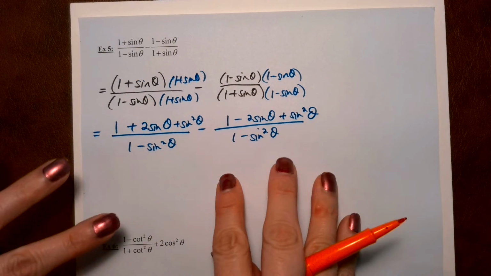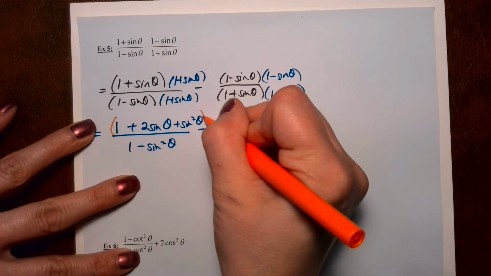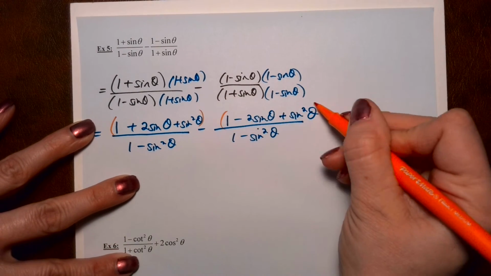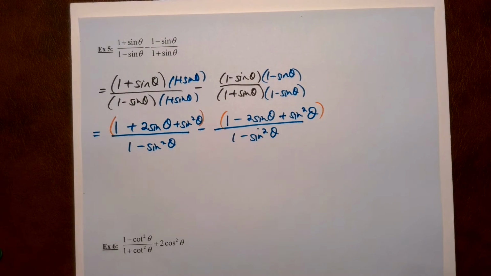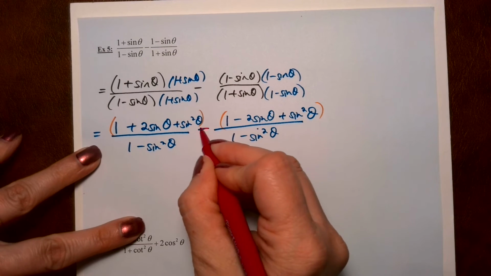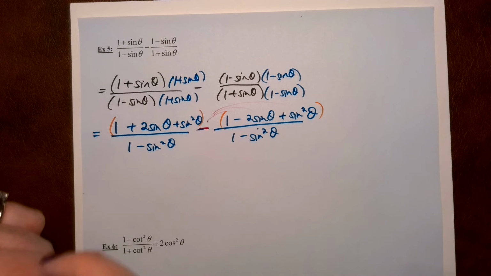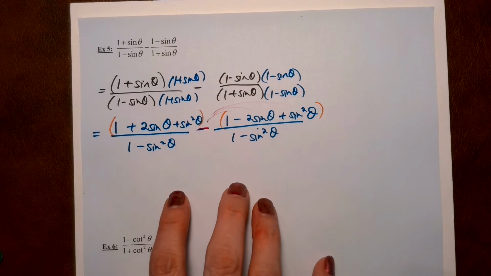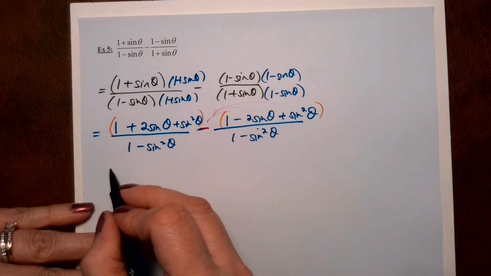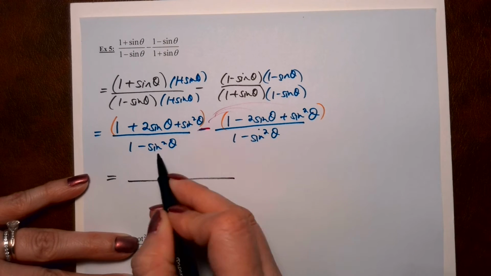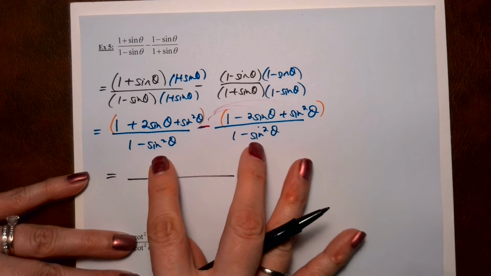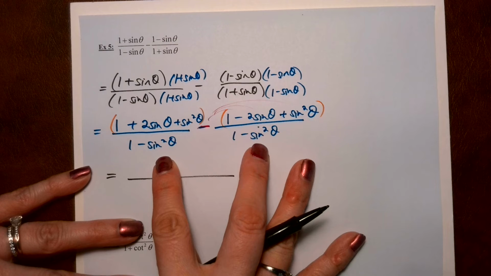Now the important thing to notice is there's a numerator here minus a numerator here. We're going to have to be extra careful with this minus sign; you're going to have to subtract all these terms. Now we have a common denominator that is squared.